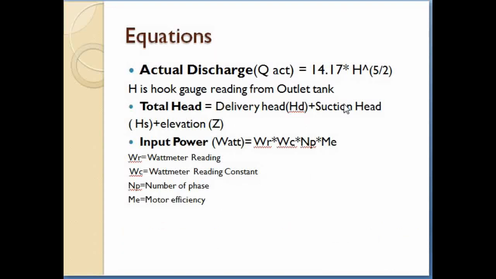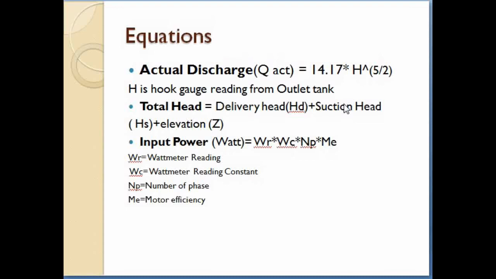In order to find out the performance of the pump, we have some equations, that is actual discharge. It is nothing but what we actually get as outlet from the pump. In the sense, we can say theoretical discharge is not the same as actual discharge because of the losses. The water gets stuck, or it may get leaked, or we will not be able to account for 100% of the water that we measure from the theoretical equation.